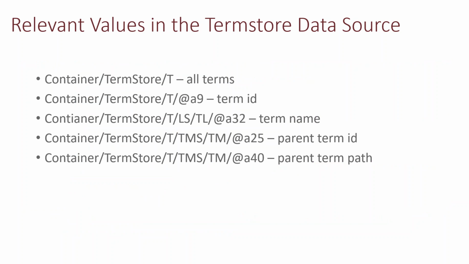And so here on the previous slide, I've put together a little cheat sheet you can use to find whatever it is you're looking for. So again, T is all the terms, A9 are the term IDs, A32 is the term names, A25 the parent IDs, and A40 the paths up to the parents.